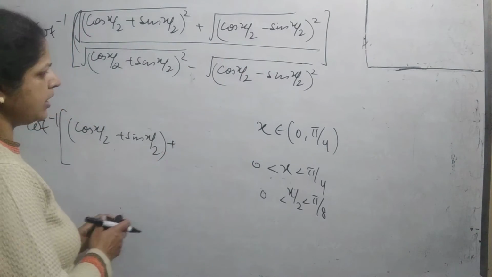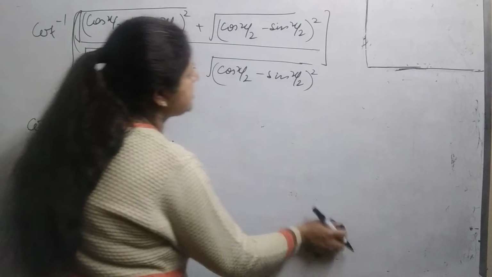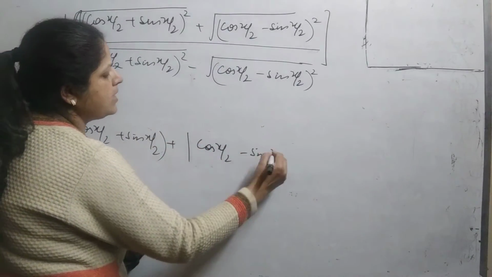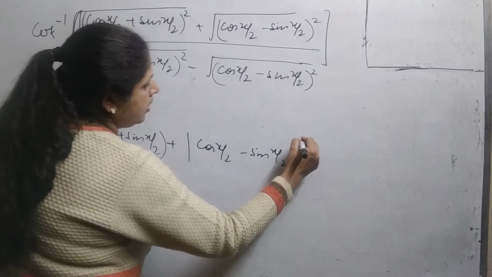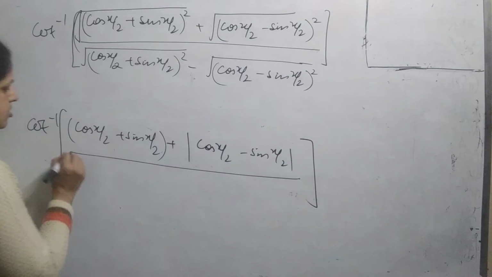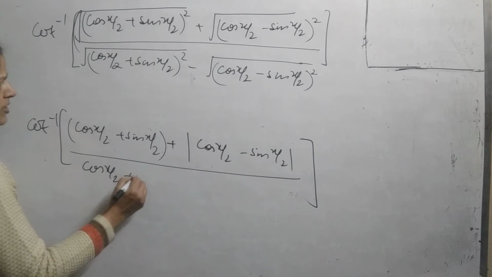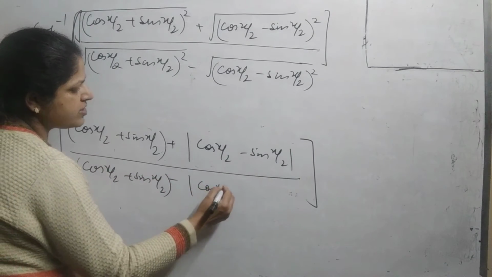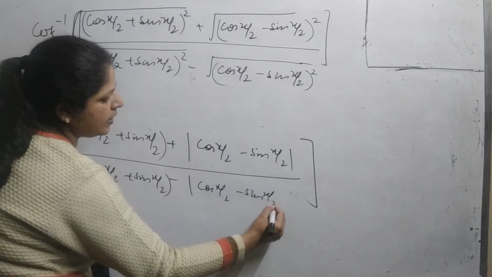So for the time being, I am writing it as mod of cos x by 2 minus sin x by 2, and in the denominator also cos x by 2 plus sin x by 2, negative mod of cos x by 2 minus sin x by 2.